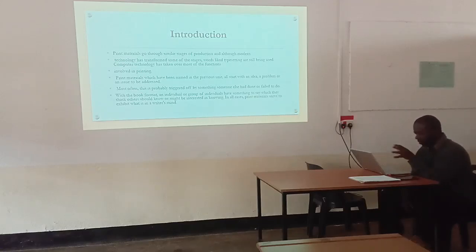So as time goes, as we are coming to this age, the invention of the computer is the one that changed everything, because the process of printing or typing has now gone digital. It's all about digital production, right?